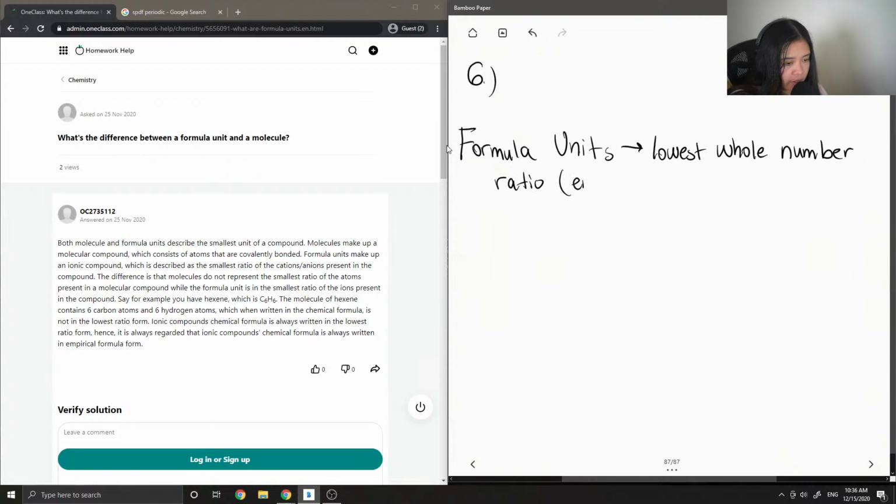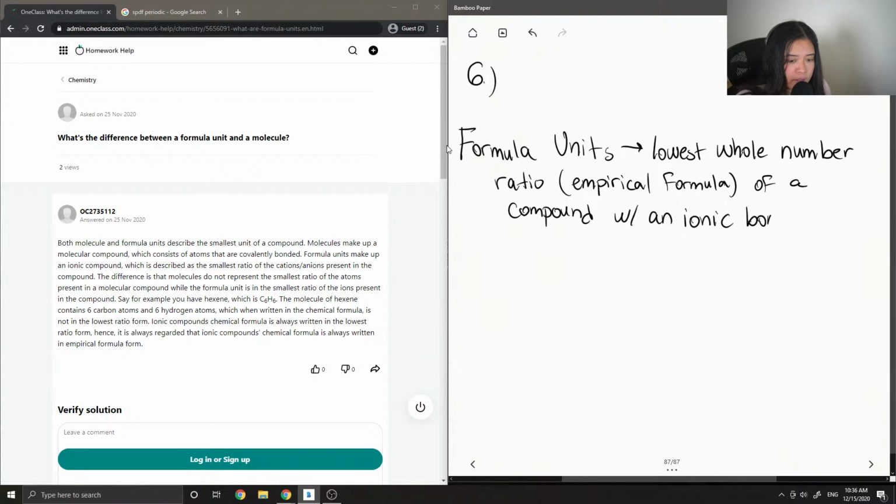So this is similar to the empirical formula. So lowest whole number ratio of a compound with an ionic bond. So recall that ionic bonds are between a metal and a non-metal.